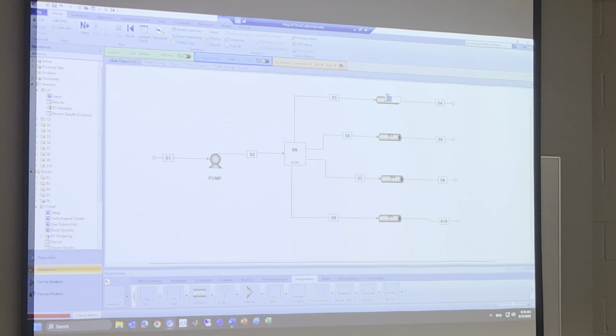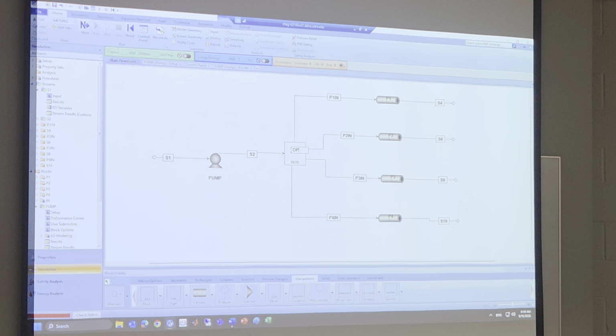Okay, I'll name them P1, P2, P3, P4. And let's name the inputs P1 input, P2 input, P3 input, P4 input.